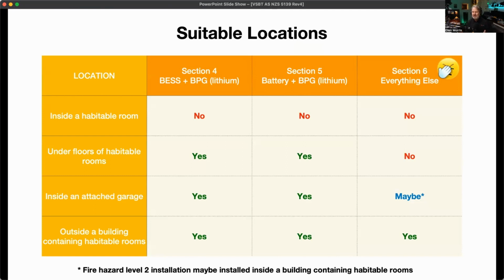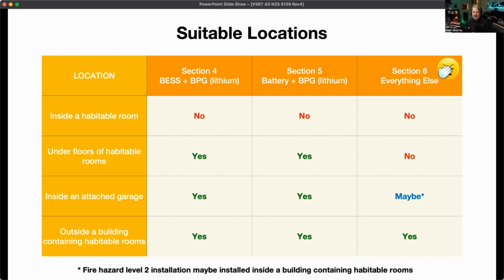Section 6 is not necessarily higher, it's unknown. Section 6 is a category where you don't comply with the best practice guide because you're not a lithium battery, because it only currently addresses lithium, which is a bit of a problem. It's a real problem, actually, because some of the safest batteries get stuck into Section 6. But that's how it is.